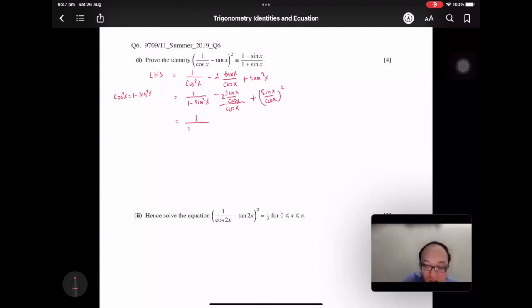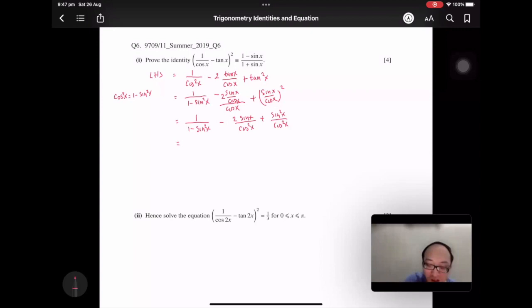So simplify 1 over 1 minus sin square x minus 2 sin x over cos square x plus sin square x over cos square x.